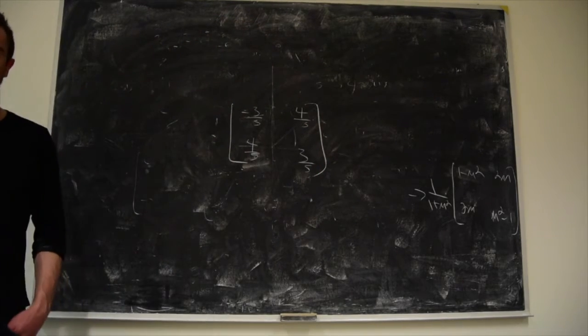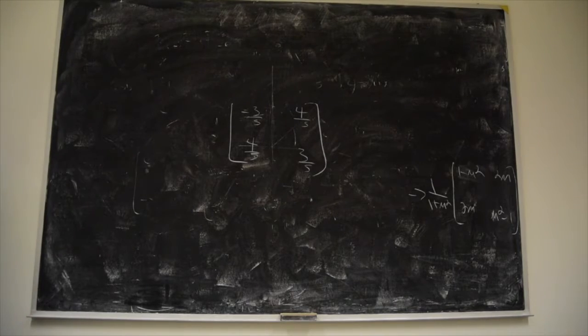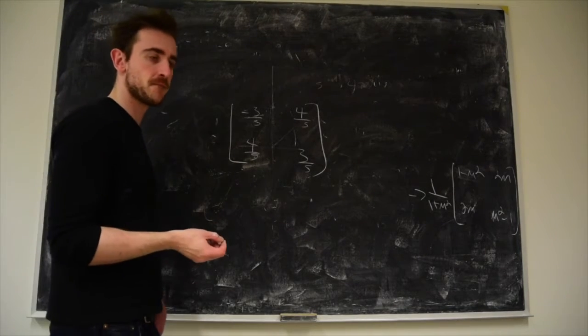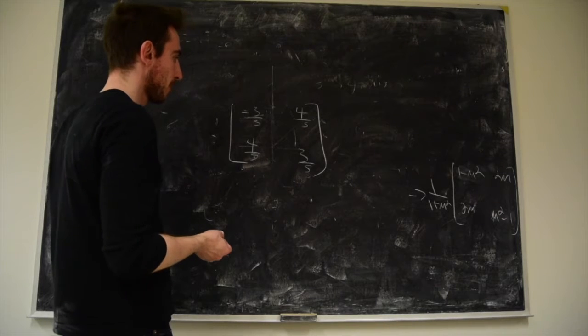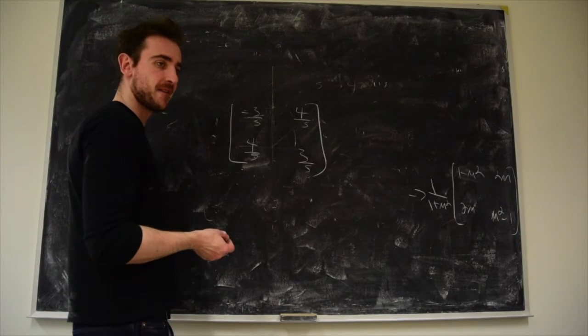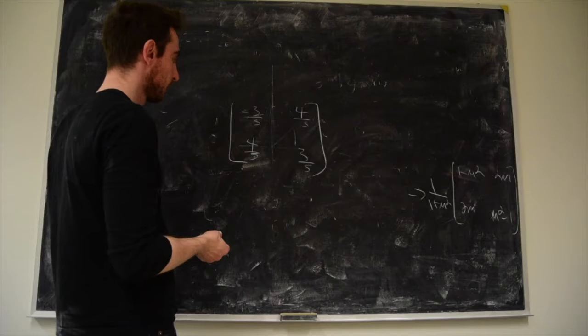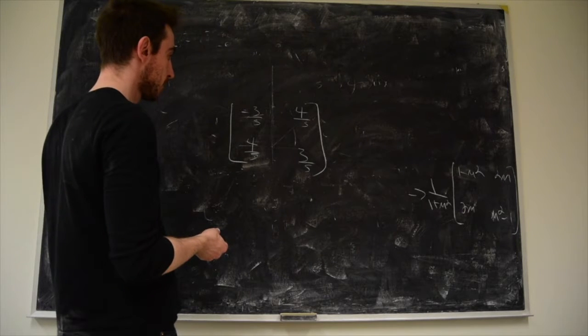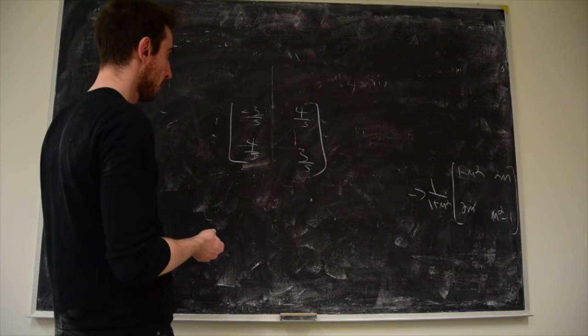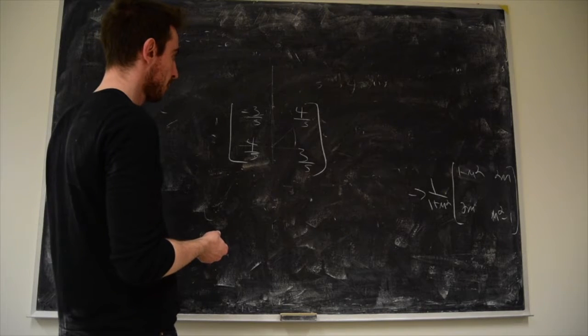Can anyone tell me what this is the matrix of? Reflection about y equals 2x. A 3, 4, 5 triangle. Because if you have the hypotenuse is 5, it's a special triangle, a Pythagorean triple.